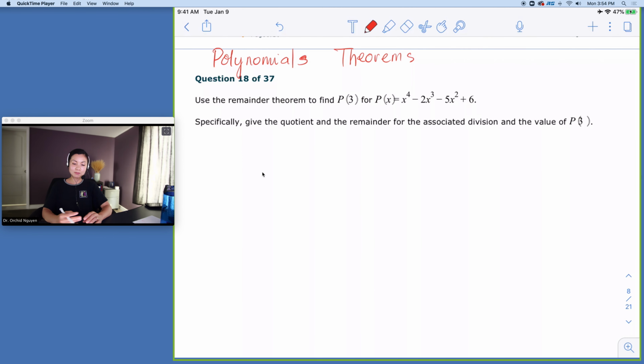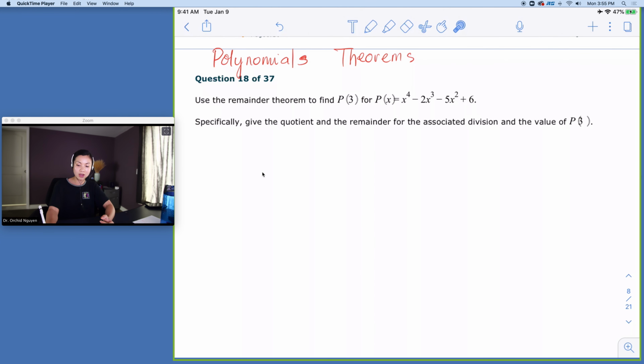Let's take care of some polynomial theorems. The first theorem is the remainder theorem. It states that we're looking for the remainder. In this case, you can see that the value is 3.